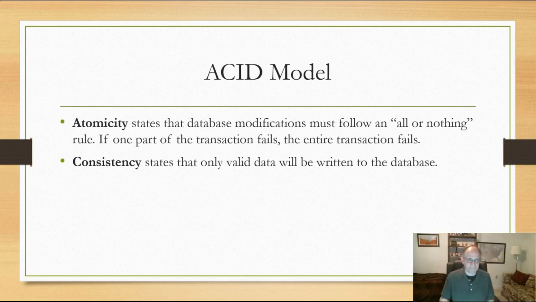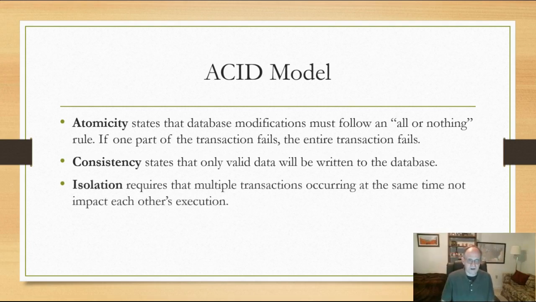The I is isolation, which requires that multiple transactions occurring at the same time will not impact each other's execution. If I have two transactions going at the same time, this ensures that one will execute without depending on what's happening in the other.